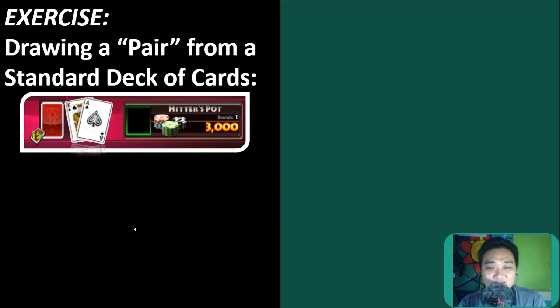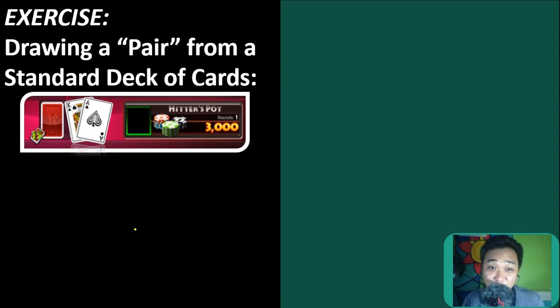Meron tayong flower, meron tayong spade, meron tayong heart, tapos meron tayong diamond. So 4 times 13. A set of cards is from ace to king. Tapos with 4 suit, that is 13 times 4, all in all, sa barahan natin, we have 52.